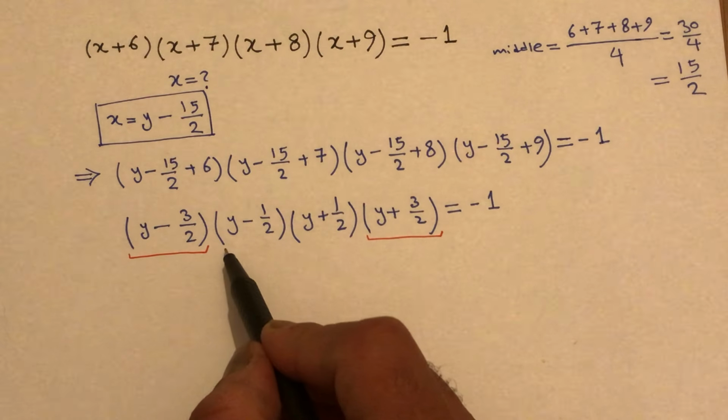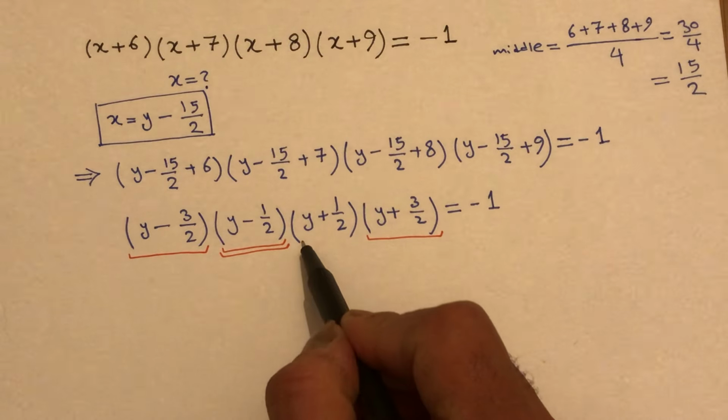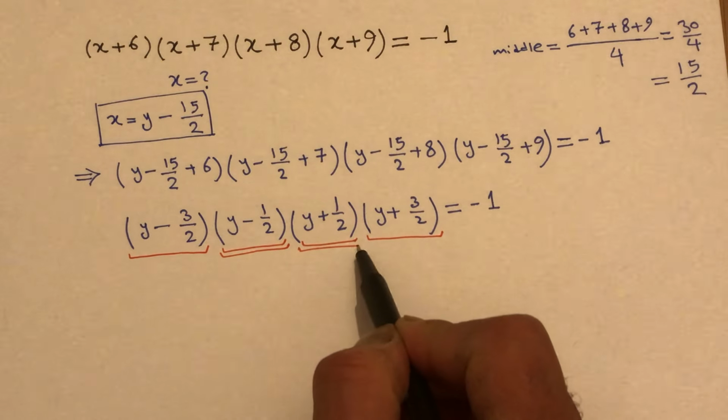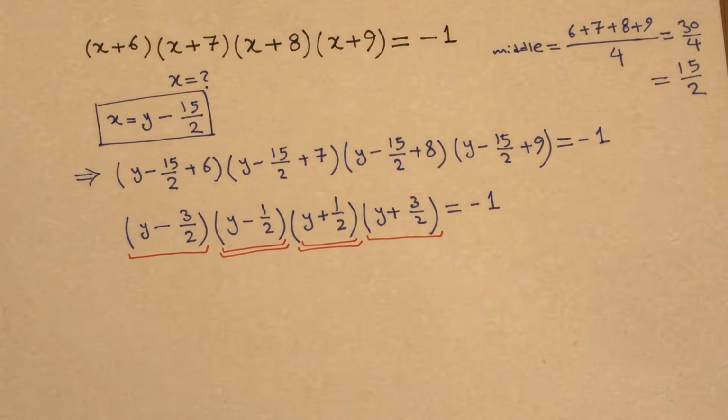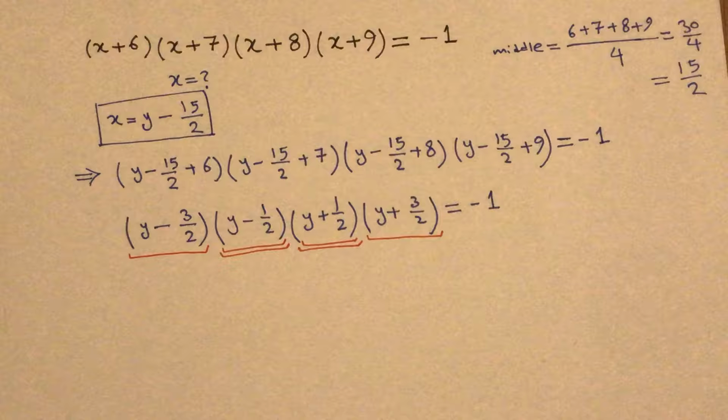And for the second term, here minus 1 over 2, but here plus 1 over 2.